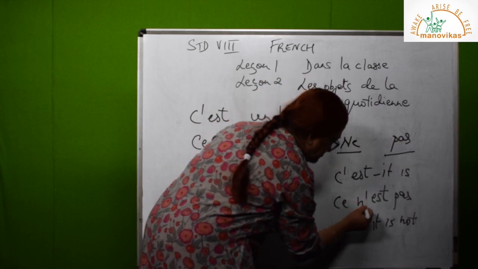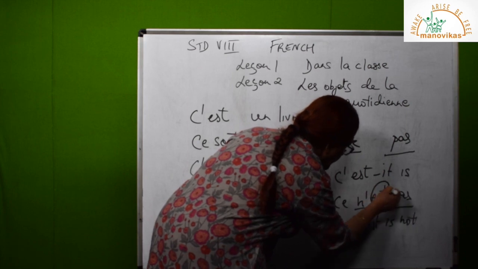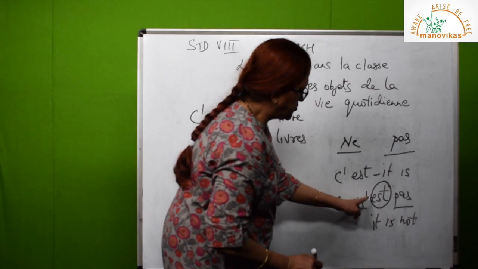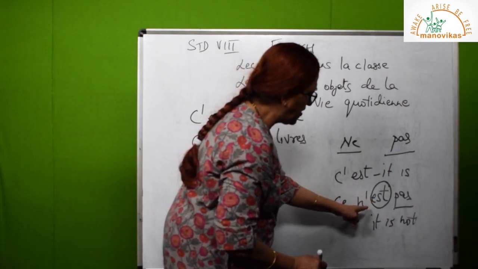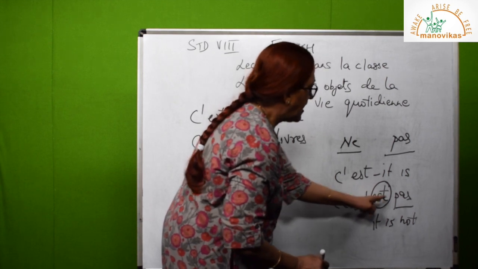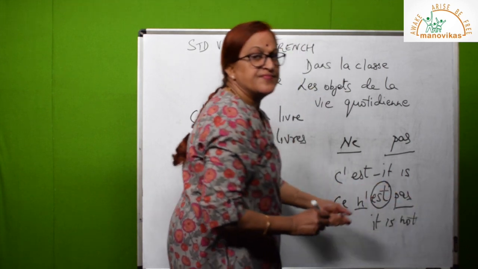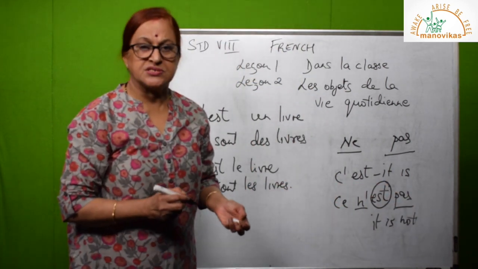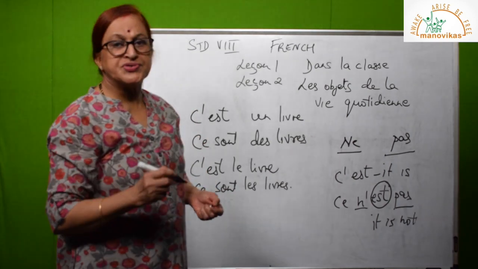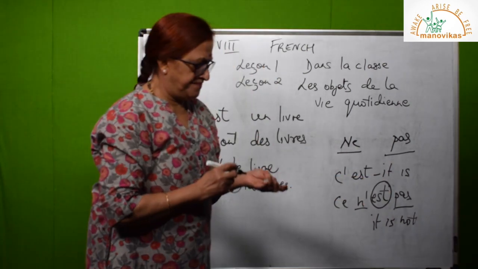Where have I used them? Before the verb and after the verb. Your verb is surrounded by ne and pas. Here my E has got cut and I have used an apostrophe because of a clash of vowels. Here there is an E, so I cut my E from ne and I kept the pas. Ce n'est pas means it is not. So now you know how to say not. How will you say not? Ne and pas. Where will you use ne and pas? Before the verb and after the verb.